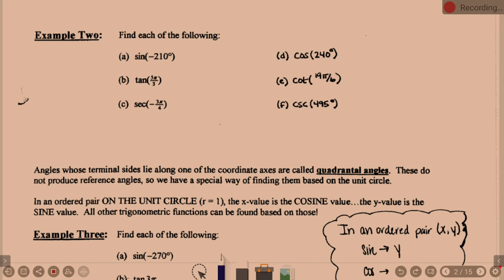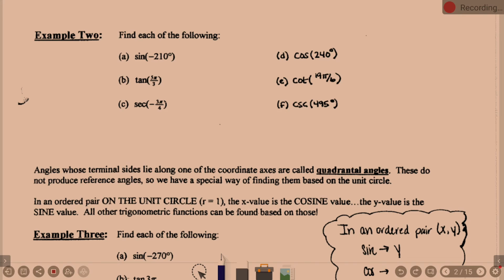What's a coterminal angle with negative 210? 30. You're giving me a reference angle. That is the reference angle, isn't it? Yes, 30 is the reference angle.